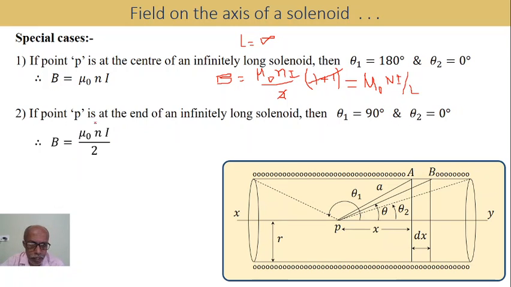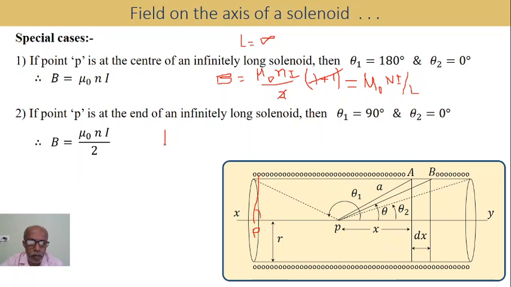If point P is at the end of an infinitely long solenoid, I consider point P at the left end of the solenoid. Then theta 1 is 90 degrees and theta 2 is almost 0 degrees.